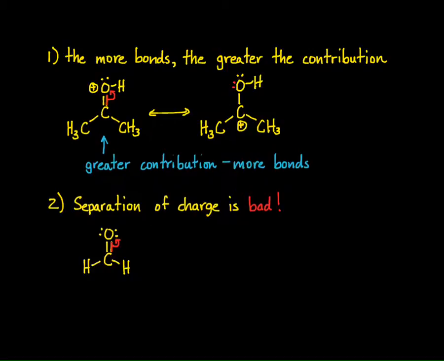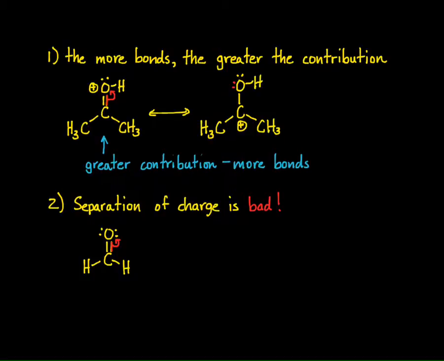So if there is a bond between two atoms, and electrons are going to flow to one of them, they're always going to flow to the more electronegative element, and not to the more electropositive element. So even though you technically could take the pair of electrons and move them to carbon, that is going to be extremely minor, and it's not what we consider a reasonable Lewis structure, right?